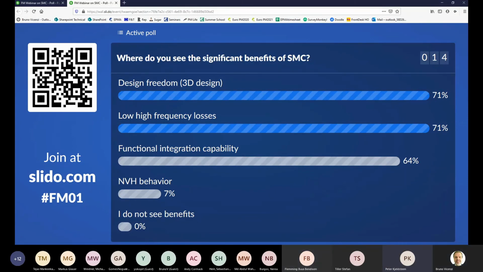So it's very good to see that so many are picking the design freedom, and as has been shown in both presentations, you can always ask for help if you have a design or a product where you would like to use SMC or test the potential of SMC.